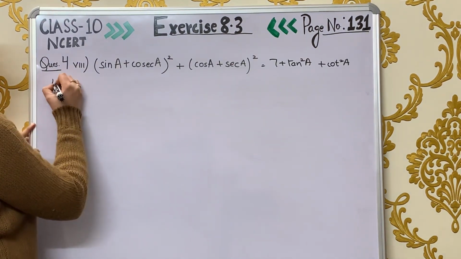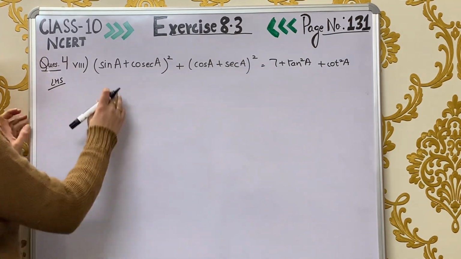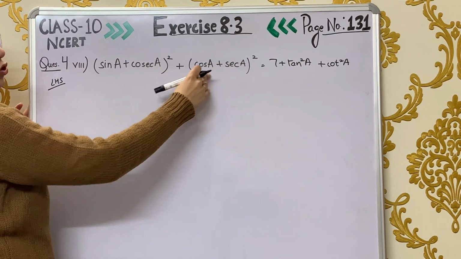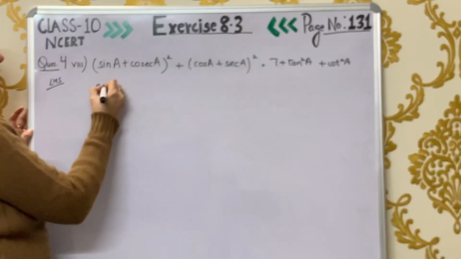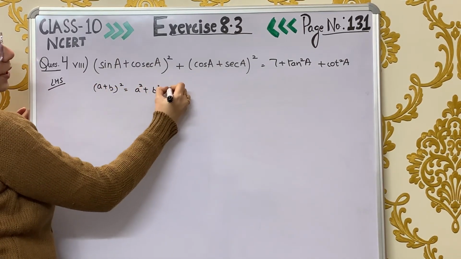In the 8th part, let's start with the LHS and try to reach the RHS. So firstly we are given (sin A plus cosec A) whole square plus (cos A plus sec A) whole square. We can directly apply the identity of (A plus B) square, which is A square plus B square plus 2AB.